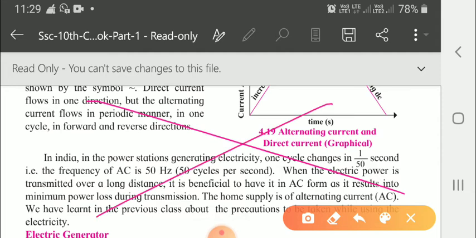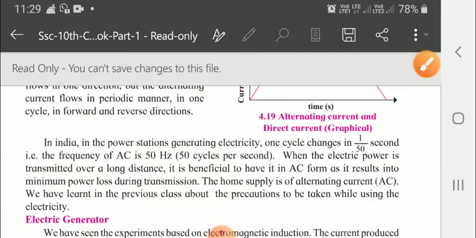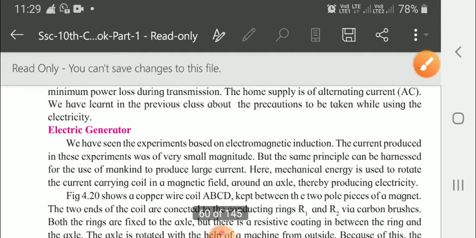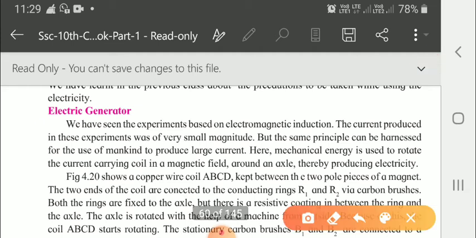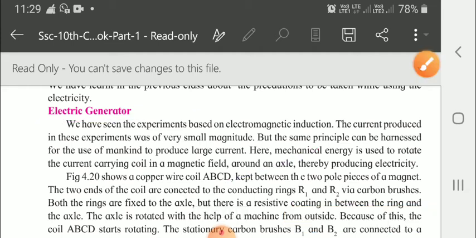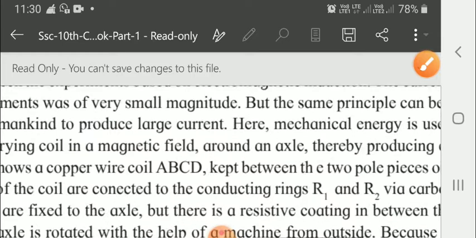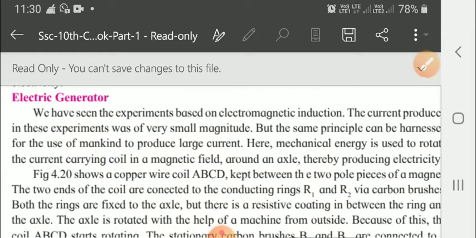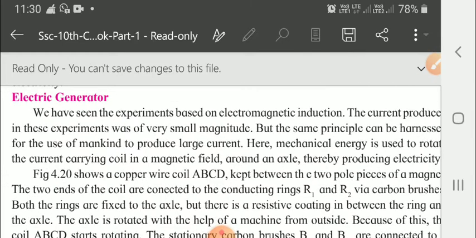This also cancel for you. Now children will see the electric generator. So here we will see the experiments based on electromagnetic induction that we have seen.